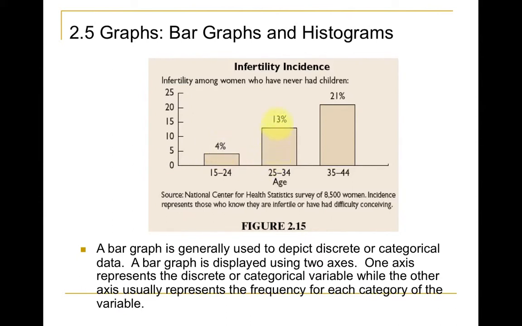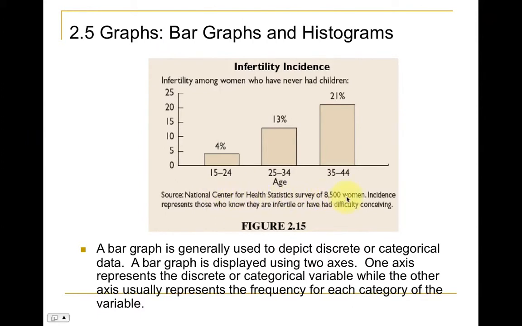Okay, the height of the bar here looks like it's between 10 and 15, and the label tells us that it's exactly 13%, and the grouping for 35 to 44 is 21%, which is a little bit more than 20. And we look at the source, National Center for Health Statistics survey of 8,500 women.